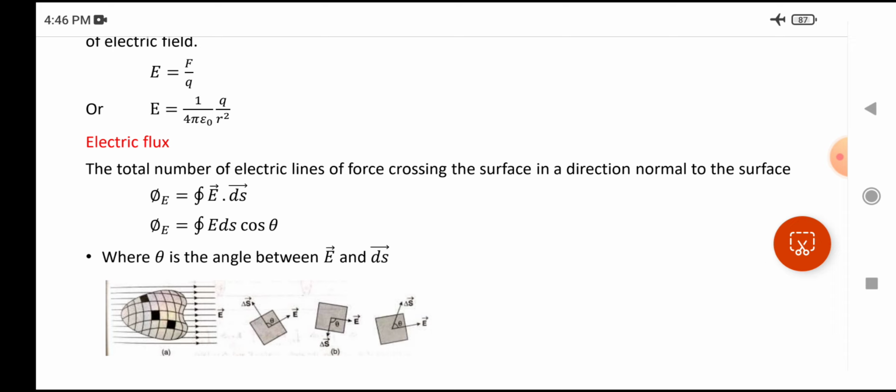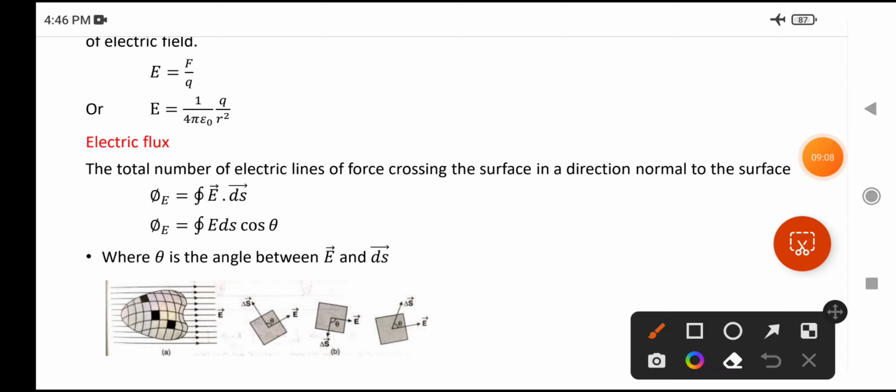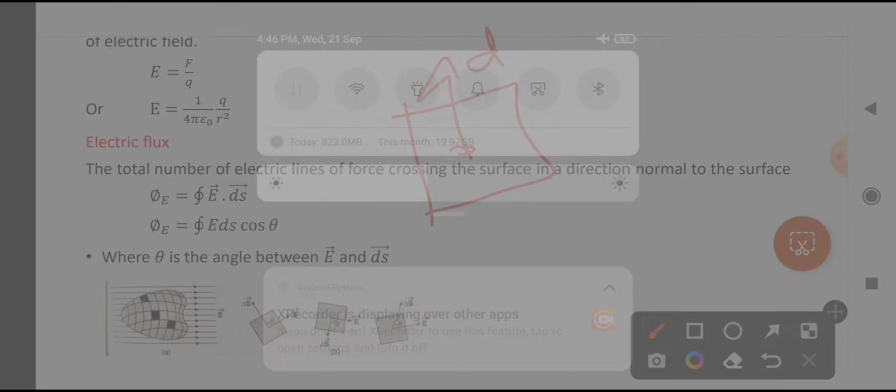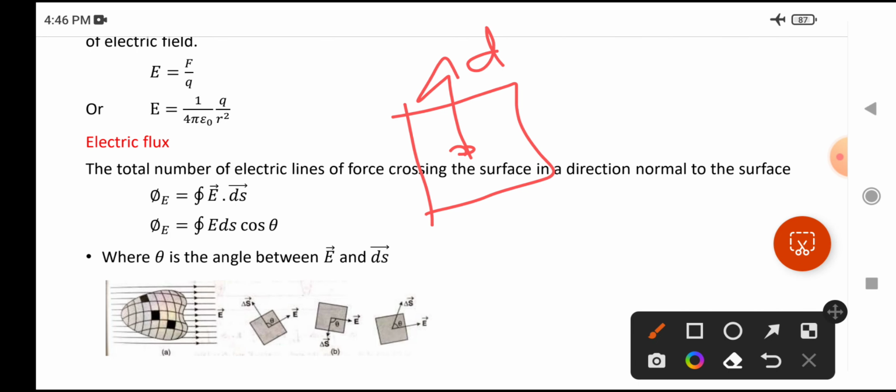For example, suppose this is our surface and its area is ds. The area vector we always denote perpendicular to the surface, and let the field be in this direction, and these two make an angle theta.